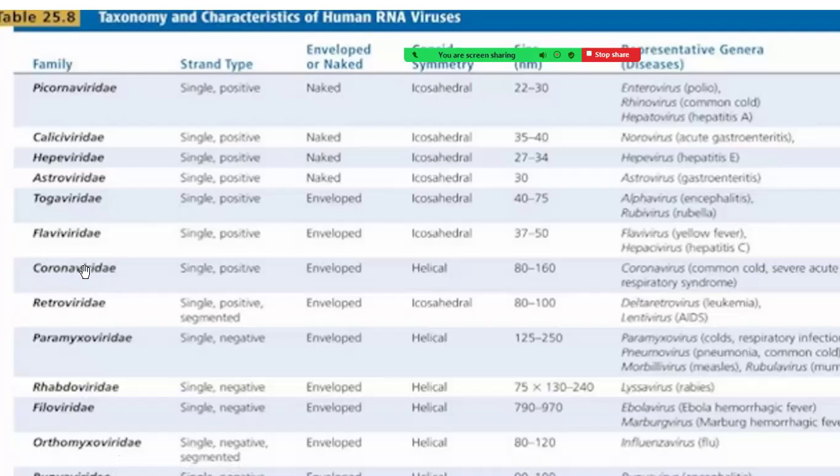This family was actually well known to humans long before COVID-19 evolved or infected human cells in 2019, because this is the second most common cause of human colds. The family Coronaviridae is well known for being the second most common cause of human colds.